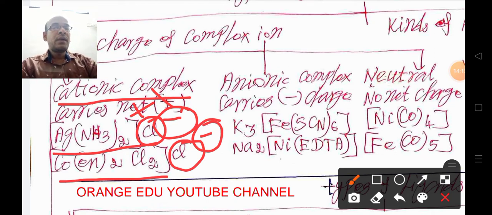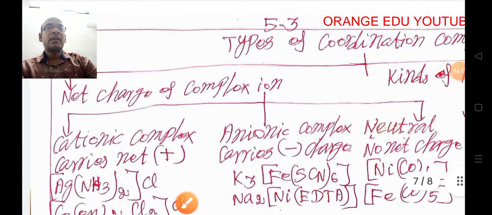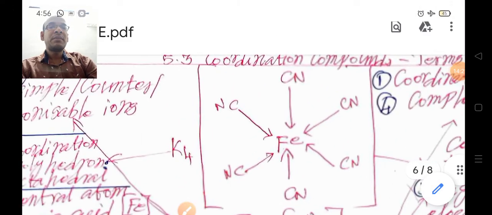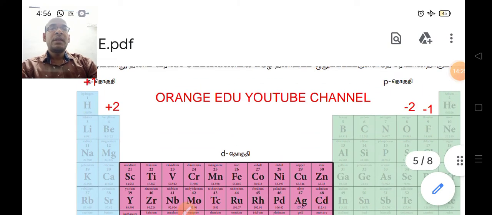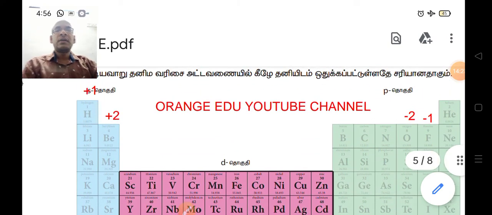For the charge on the ligand, we can use this periodic table. Based on the periodic table, we can find out the ligand's net charge.